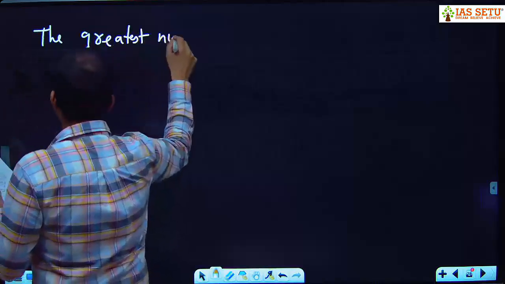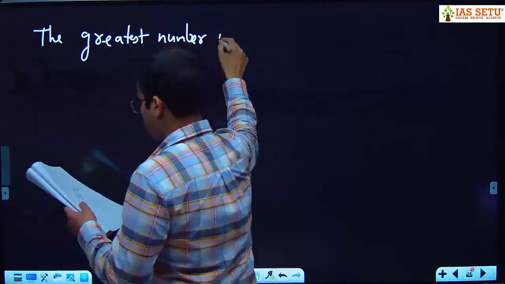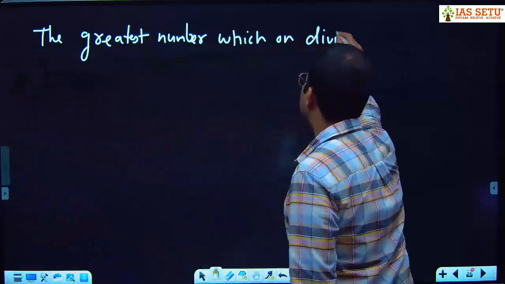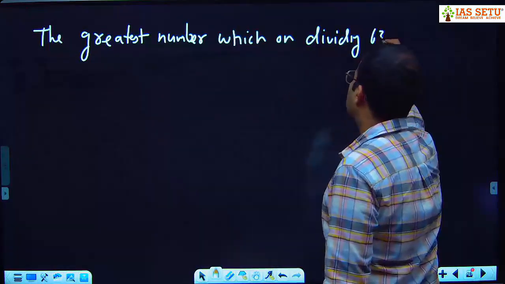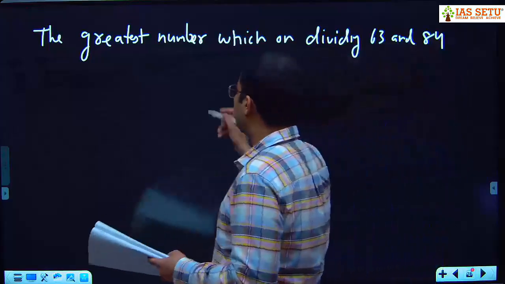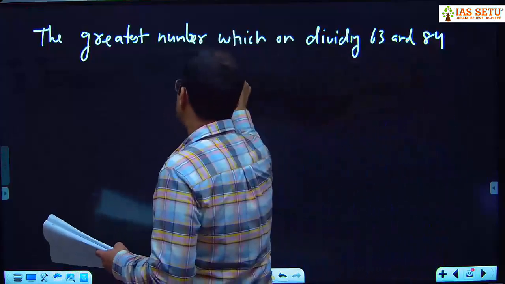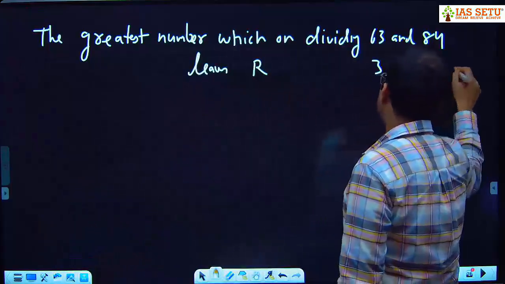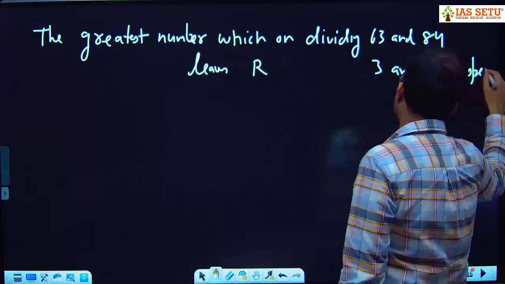the greatest number which on dividing 63 and 84 leaves remainder 3 and 4 respectively.